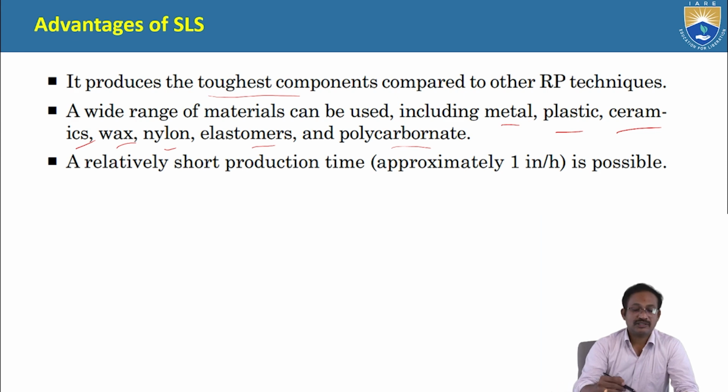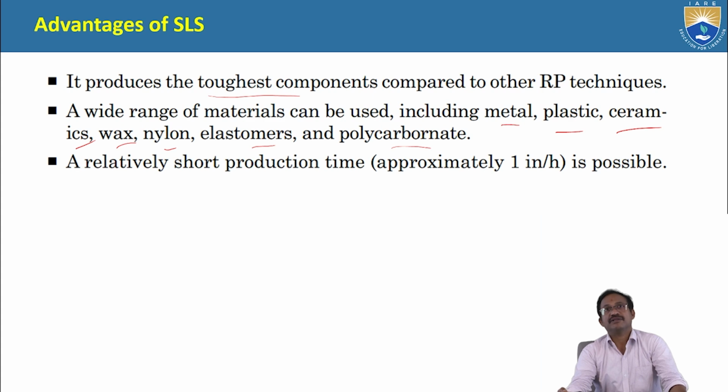What is the wide range of materials that we are using in selective laser sintering? Metal, plastic, ceramics, wax, nylon, elastomers, and polycarbonate.